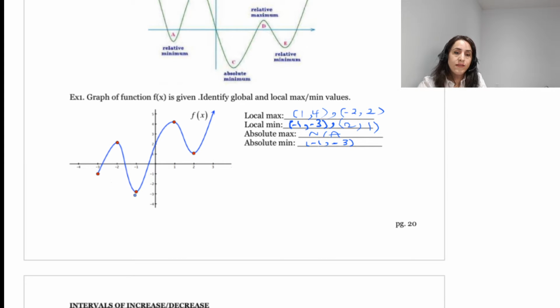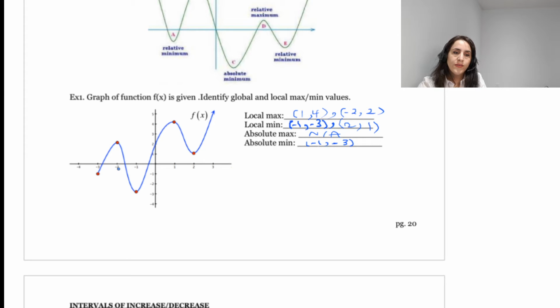As I have another point here, -1 and -3, lower than this point, then this point cannot be an absolute minimum. This one could just be a local minimum. The -3 and -1 is a local minimum. And as I put it here, local minimum, -1 and -3.